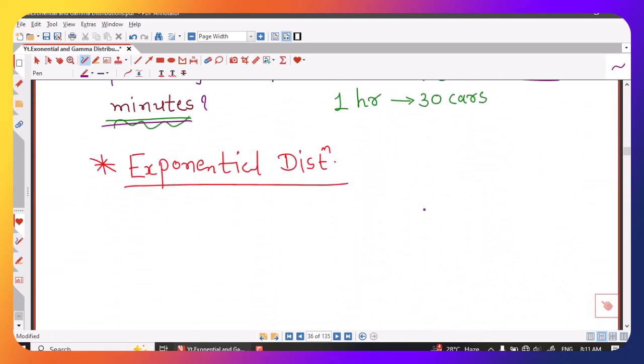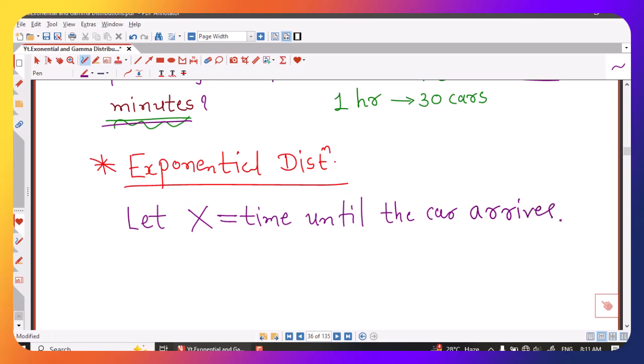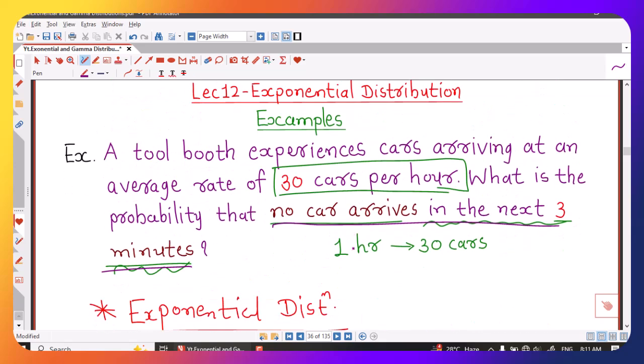First we will define our random variable. We consider capital X equal to the time until the car arrives, and this time we have to consider in minutes, because we have to calculate the probability in 3 minutes.